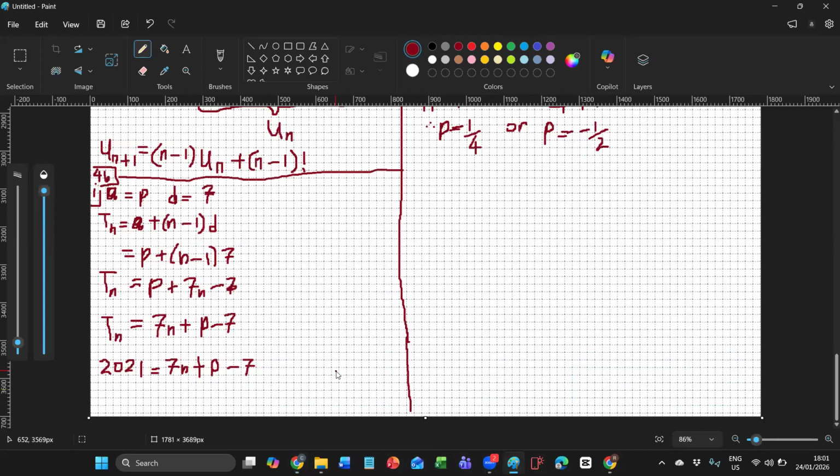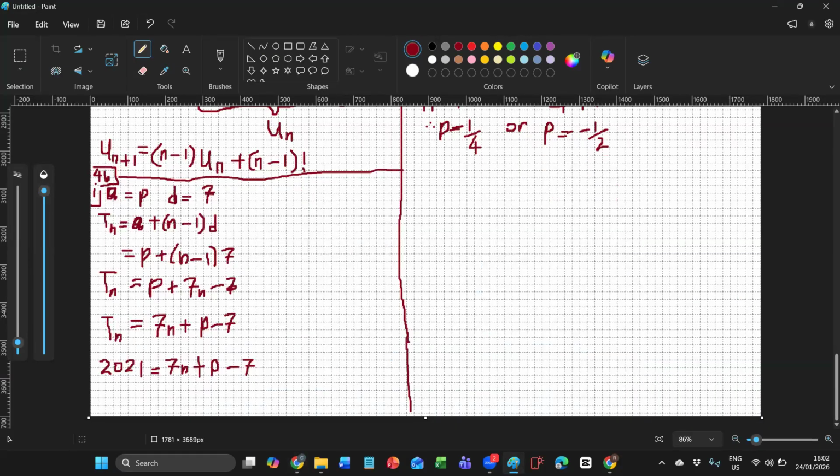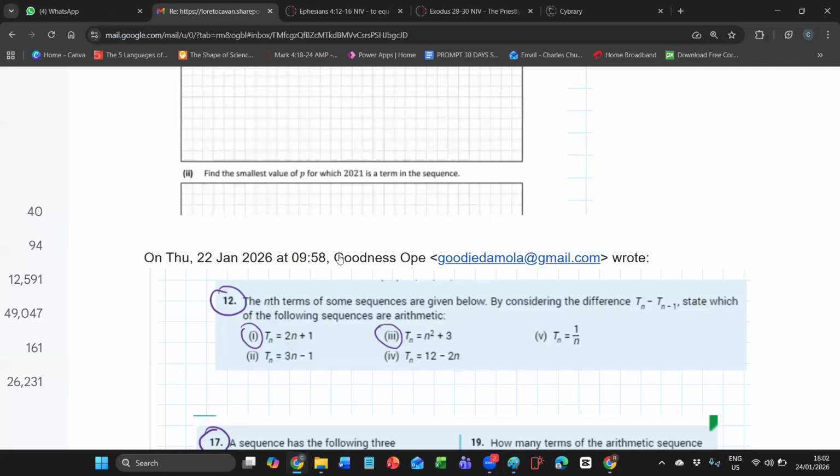Okay, so we've already seen that D is equal to 7, first term A is equal to P. Okay, let's see. 2021 is the only term that they gave us for this sequence.